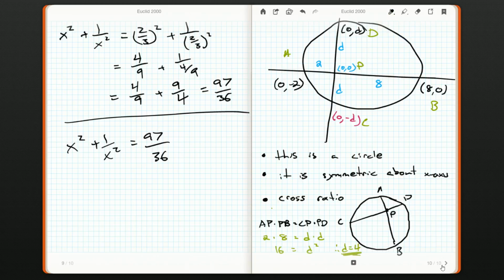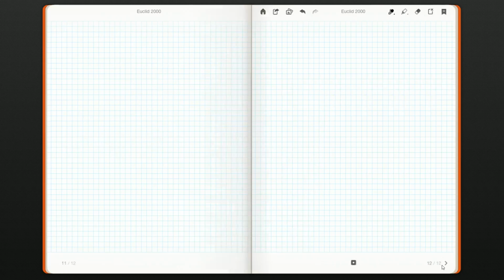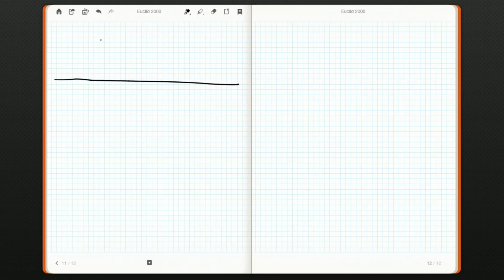Now let's go through the long method. We're going to actually figure out the equation of the circle and intersect it with the y-axis. See if we can draw a better copy of this picture. That's better. Definitely better.